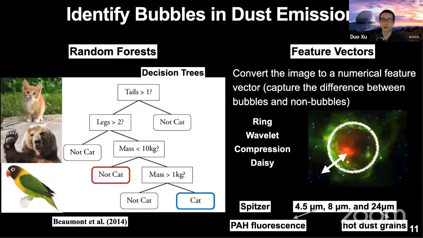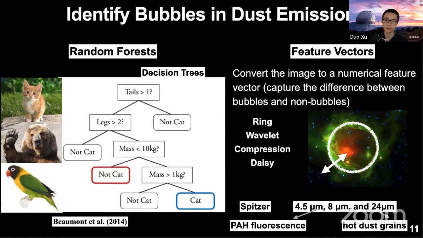First, I will introduce our machine learning approach to identify feedback bubbles in dust emission. The algorithm we use here is called random forest, which is a decision tree. The algorithm will make a series of decisions on an object.